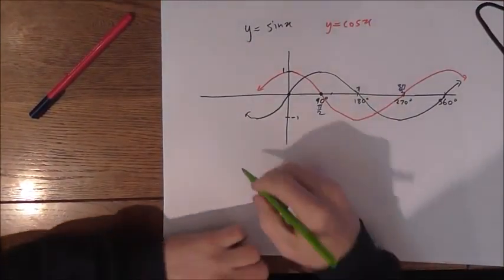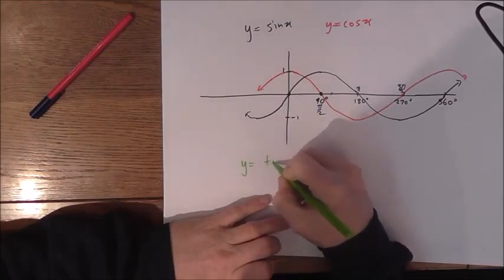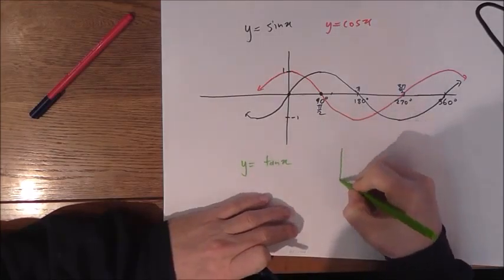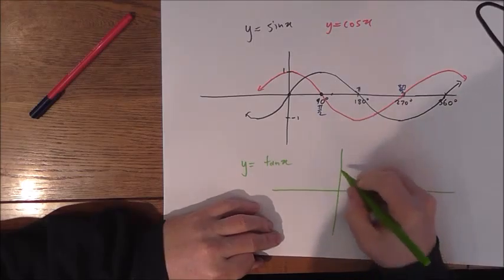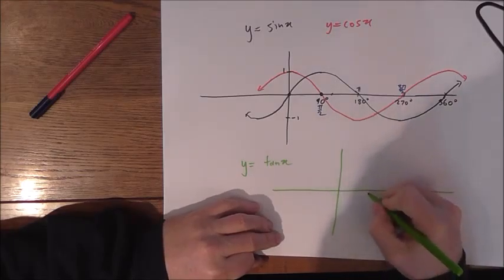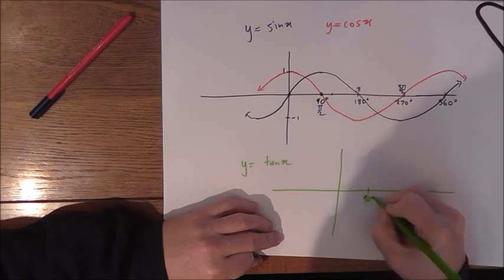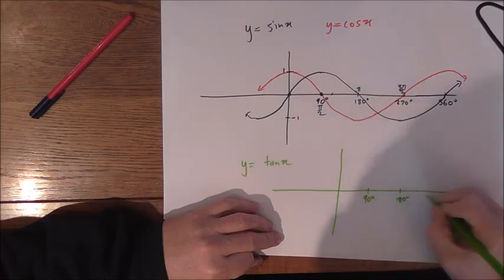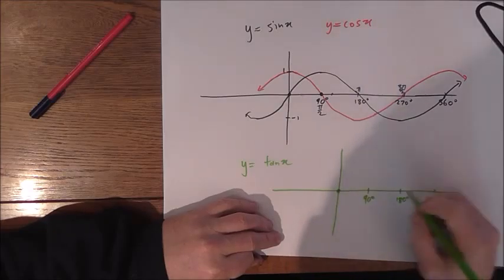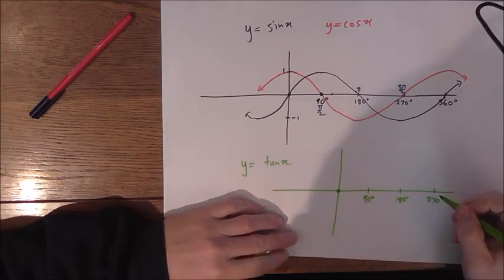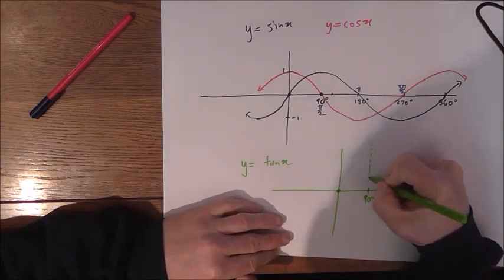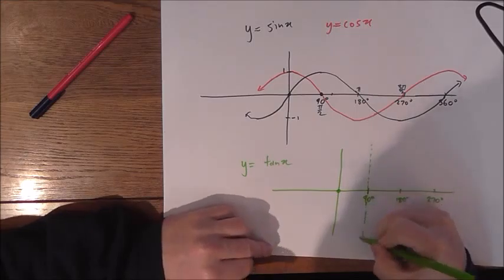And your final instant graph is y equals tan x. Again, this does something interesting every 90 degrees. This time interesting means either crossing, which it does there, or reaching a vertical asymptote.